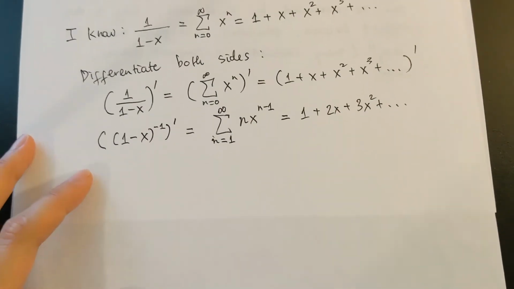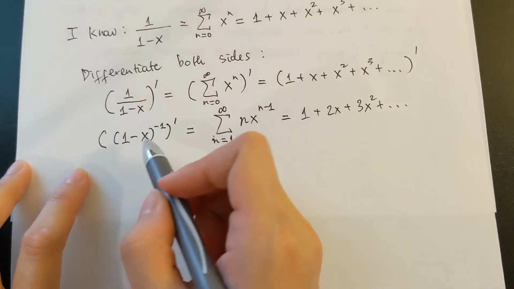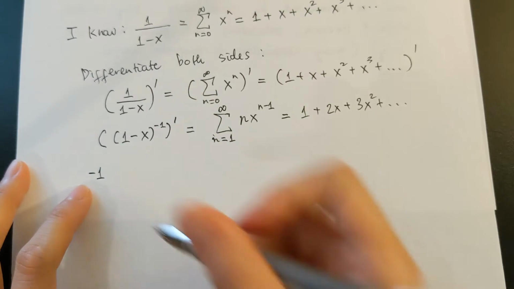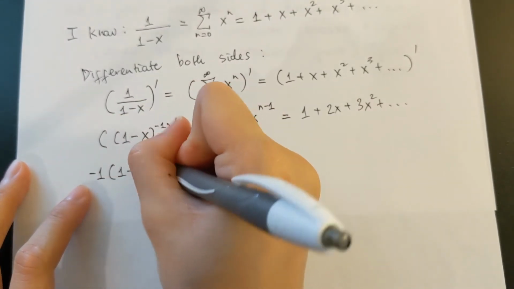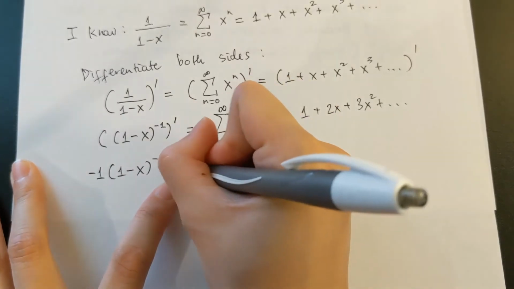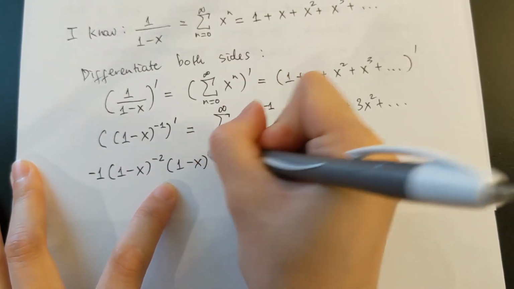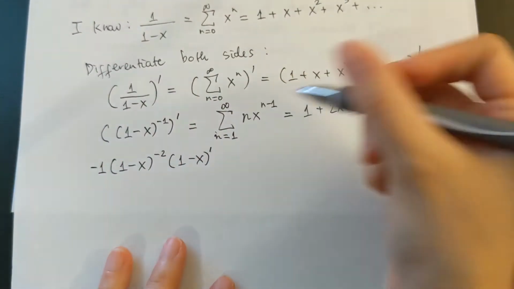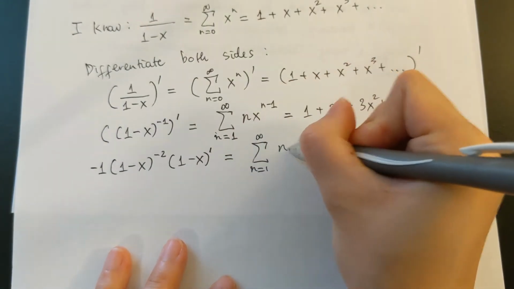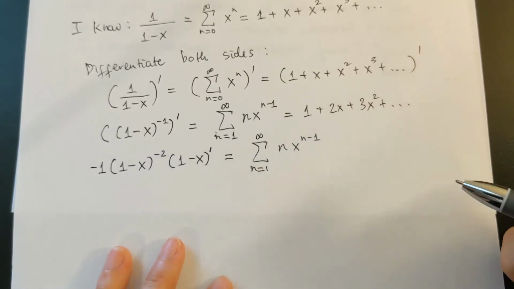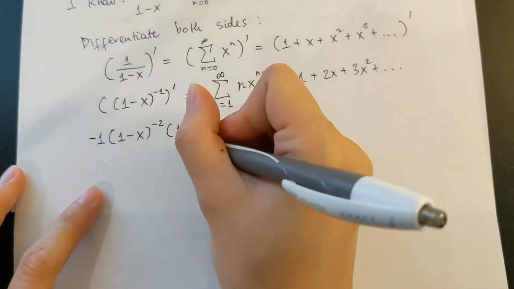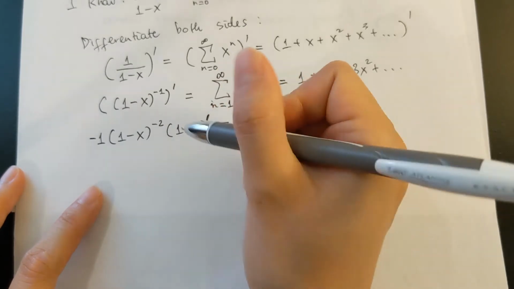Okay. So if you take the derivative on this side, our chain rule tells us that I'll bring the minus 1 down, 1 minus x to the minus 2, so power rule. Then I have to times the derivative of the inside, which is 1 minus x. So this derivative will be minus 1.